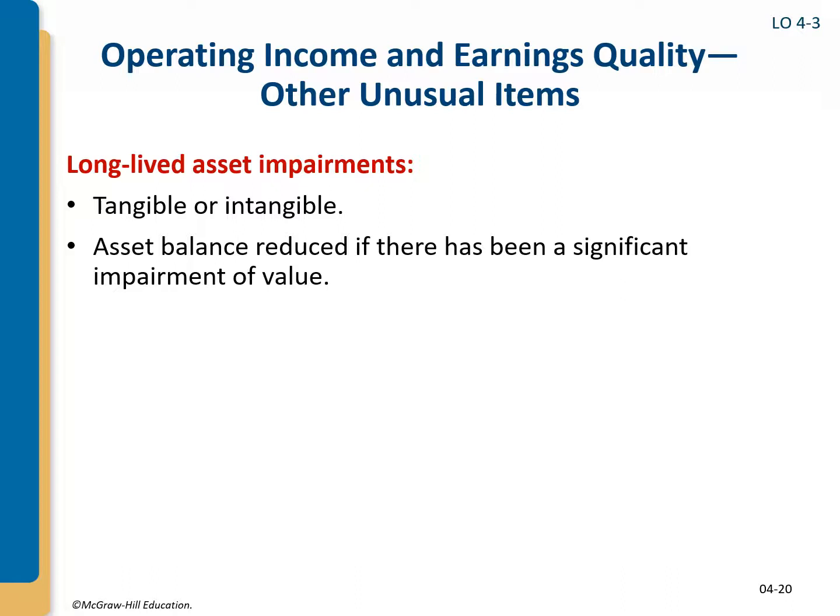Well, we may have to recognize what's called a loss on impairment because of how much that value decreased. And we'll show you how to calculate that. That's considered an unusual item.